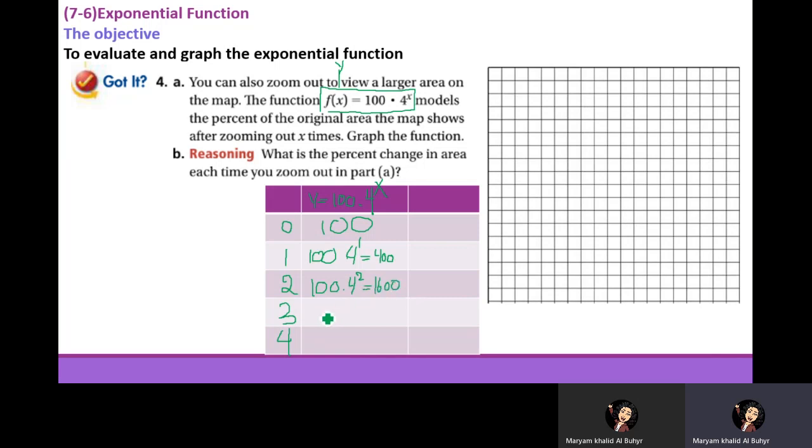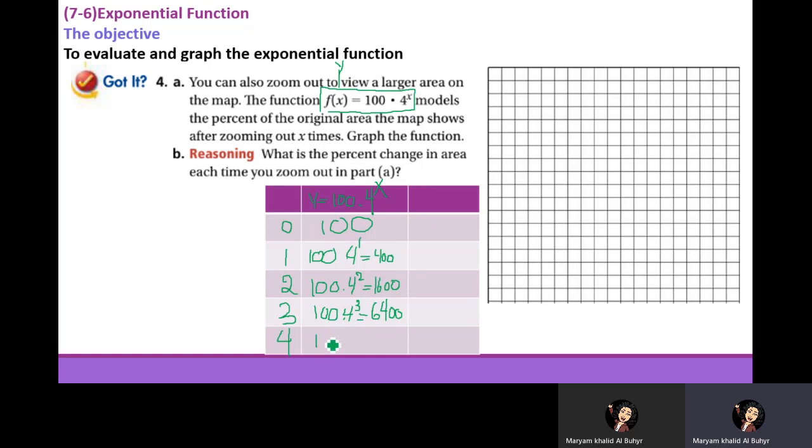Then I have 100 times 4 to the power 3, which equals 4 to the power 3, 64. 64 times 100, 6,400. This next one will be a very big value.